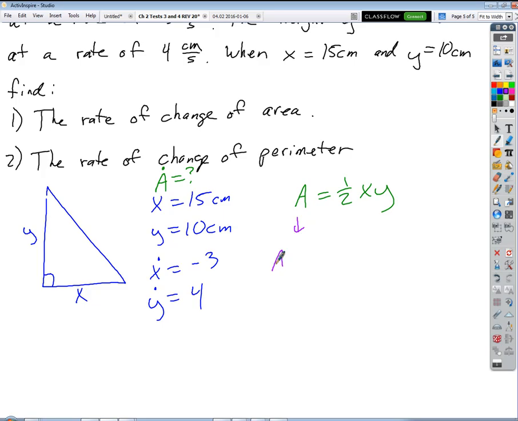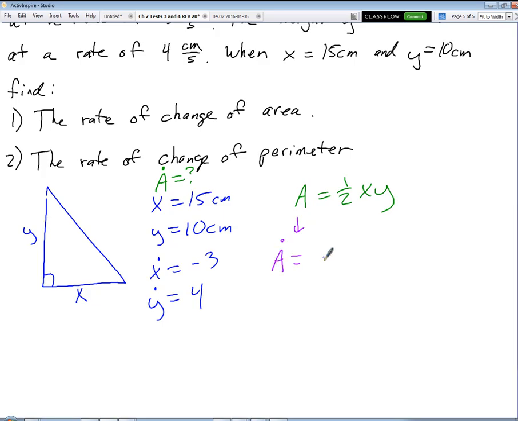A dot equals 1/2, that's my constant, times x dot y plus y dot x. Oh, that's backwards, isn't it? The order is really unimportant for the product rule because they're being added, but that's backwards from the way we normally do it.